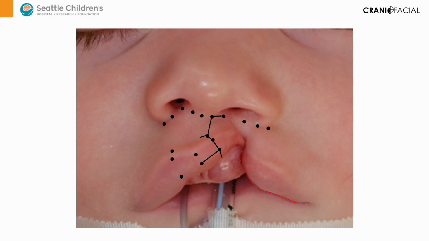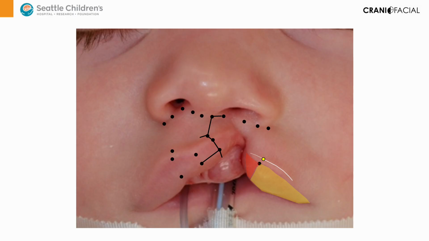So if you follow the red line, the junction of wet and dry lip, there tends to be a site where the red line starts to converge with the vermilion border. And this is known as Nordhoff point. Medial to that point, the quality of the cutaneous roll diminishes. Lateral to that point, it's good quality and is similar to the medial lip on the other side of the cleft.